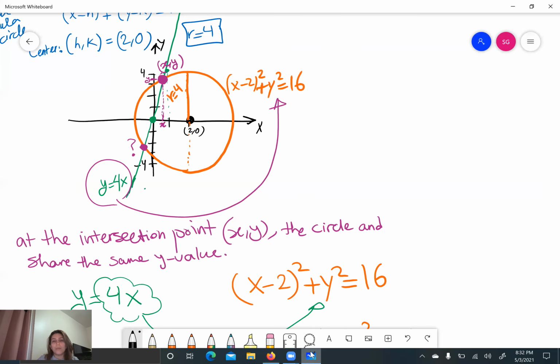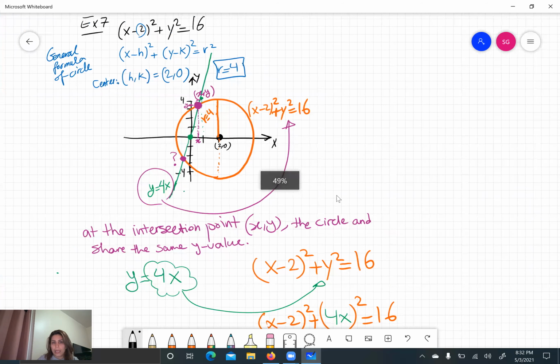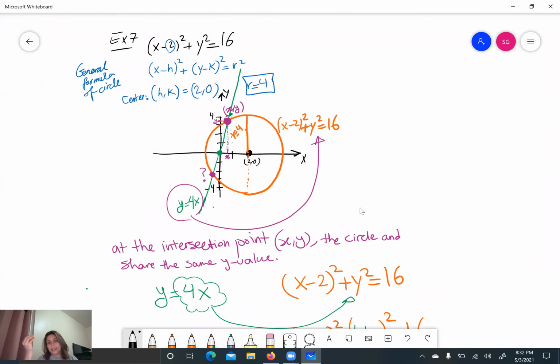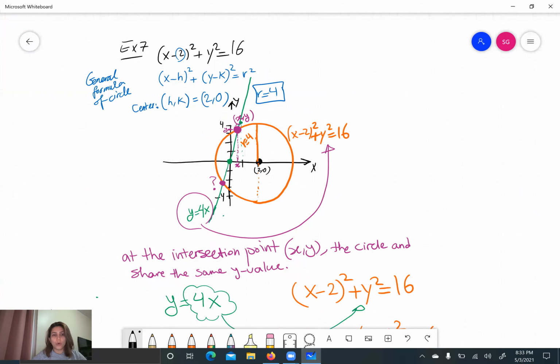But what was the idea? The idea was that you have 2 objects, a circle and a line, and graphically you can see that they intersect at 2 points.